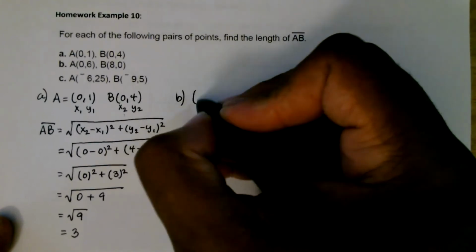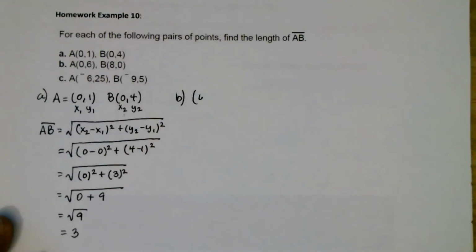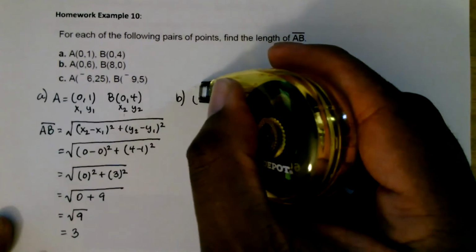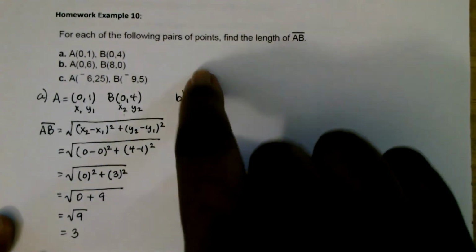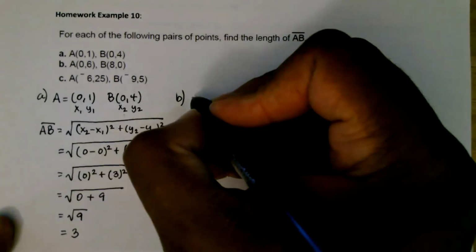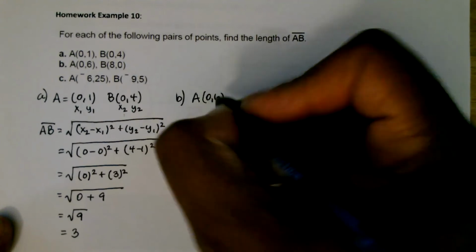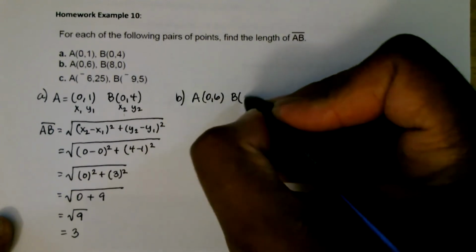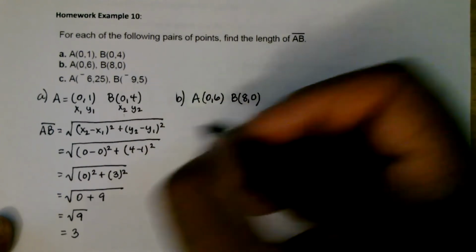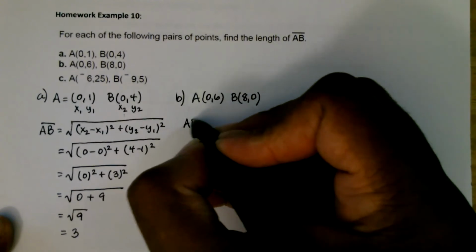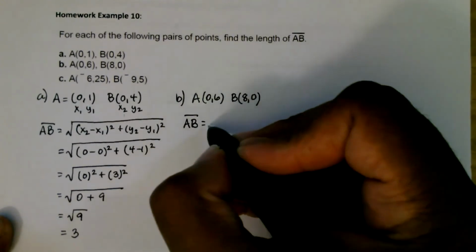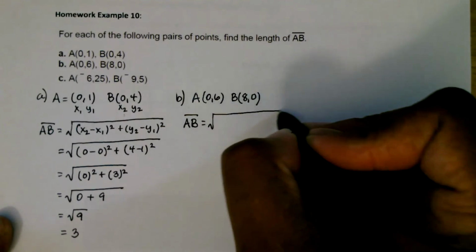All right, part B. Let's say we've got A with the ordered pair (0, 6) and B with the ordered pair (8, 0), and the length of AB. Now I'm not going to rewrite that formula.